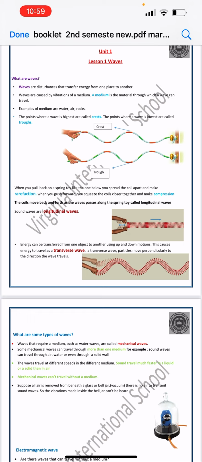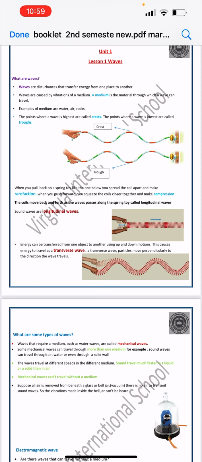We have two shapes for the waves, whether it's moving up and down or moving back and forth. If it's moving up and down, perpendicular to the direction of the wave, this is called transverse wave. Or if it's moving back and forth and there is a compression followed by rarefaction phases, this is called longitudinal wave.